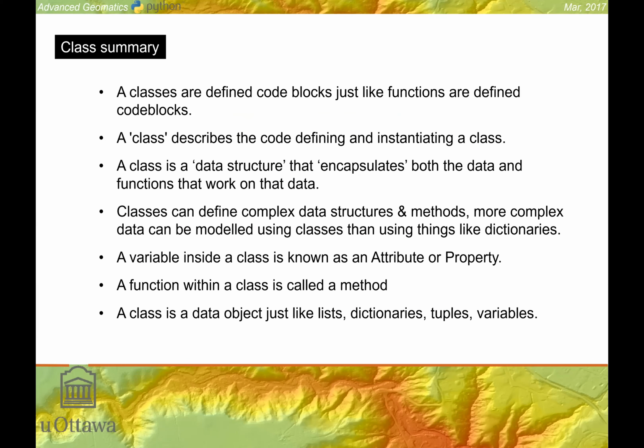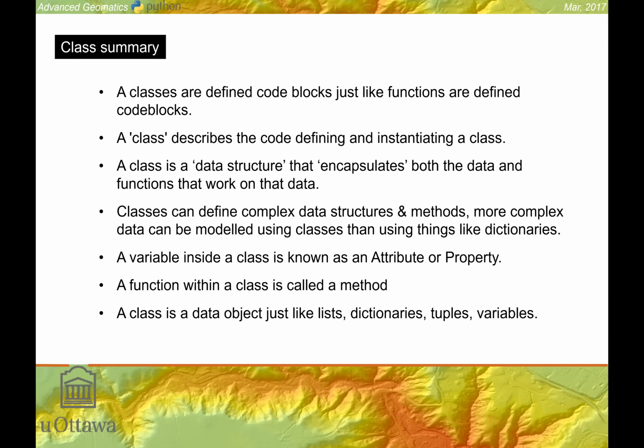So in summary, classes are just defined code blocks, and they are used and imported kind of the same way as functions are. And the class describes the code and defines how an instance of that class is going to work, or what it will contain, or what it must contain. Classes are data structures.